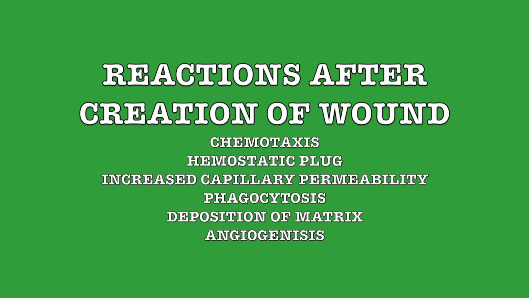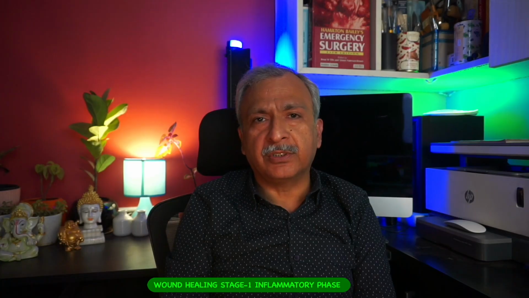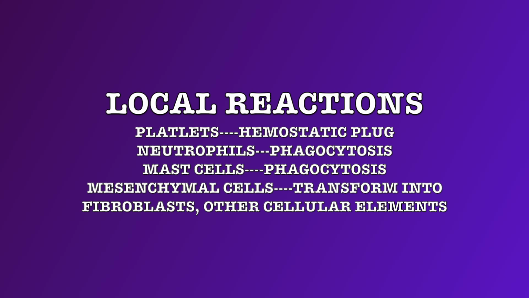The main cells responsible for this are mainly the neutrophils in the initial stage, and by the end of the 4th day and the onset of the 5th day, mast cells predominate. The function of both mast cells and the neutrophils is the phagocytosis, and ultimately the digestion of the bacteria and the dead tissue.